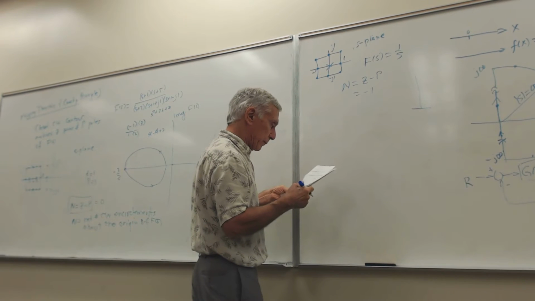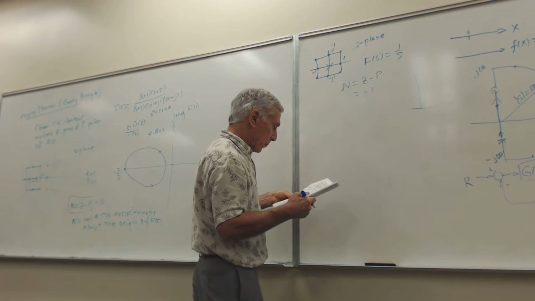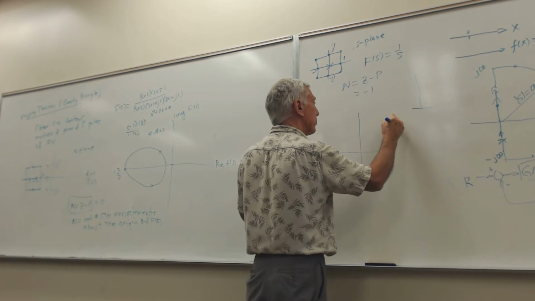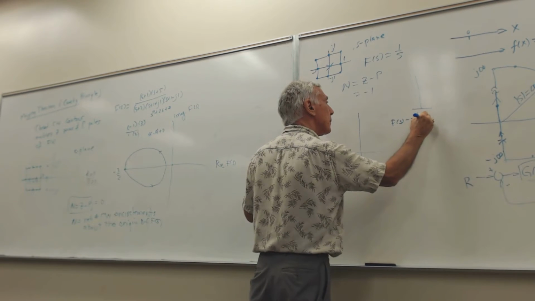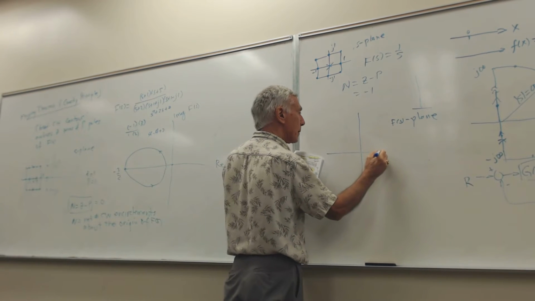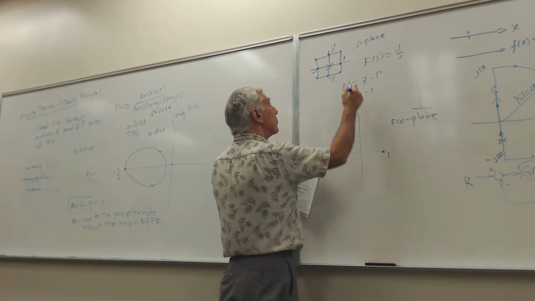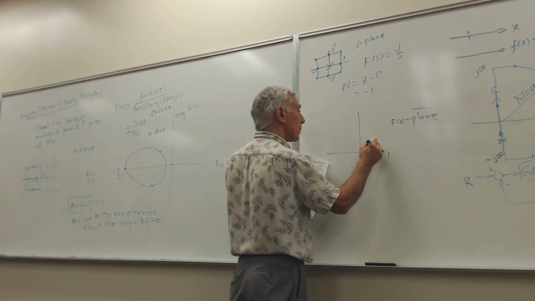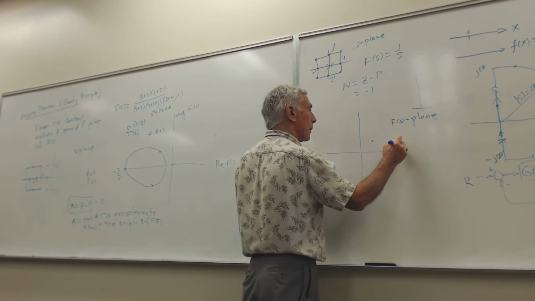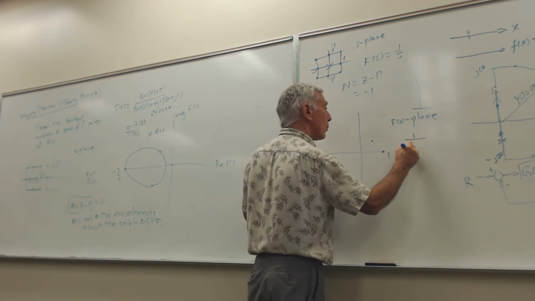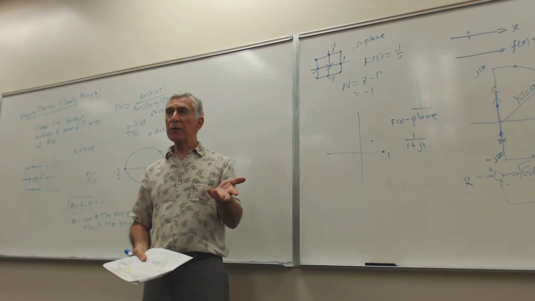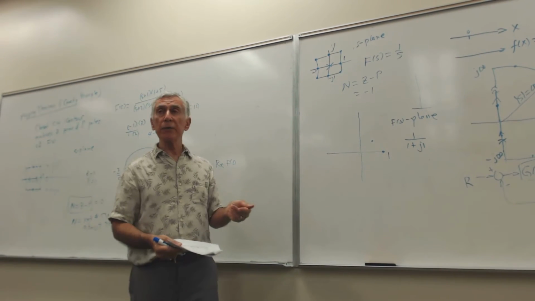Well, here this is the F of S plane, right? So we put in 1, we get 1. We put in 1 plus j1, we're going to get 1 over 1 plus j1. That's going to be the magnitude 1 over square root of 2, and the phase is going to be minus 45.